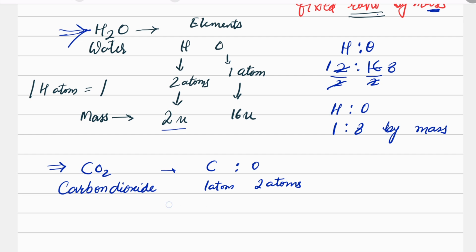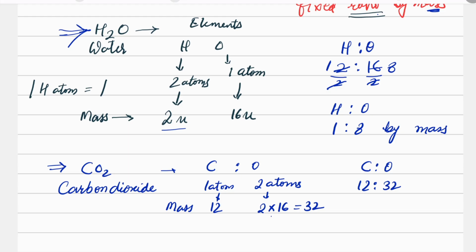One atom of carbon weighs 12, and one oxygen weighs 16, so 2 weigh 2 into 16, that is 32. So let's take their ratio. Carbon to oxygen is 12 to 32.